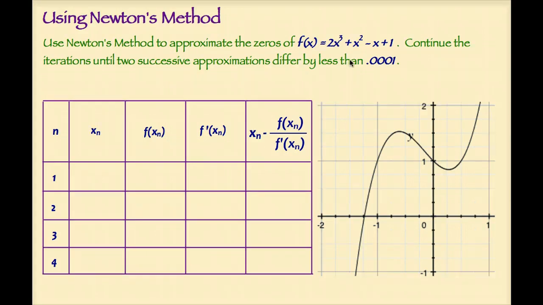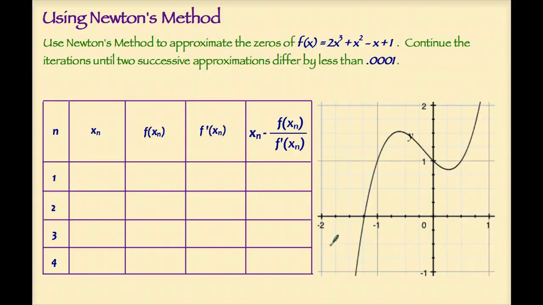Instead, they want us to come up with a reasonable first guess based on the graph of the function, and they want us to continue the process until we find that two successive approximations differ by less than 1/10,000th.